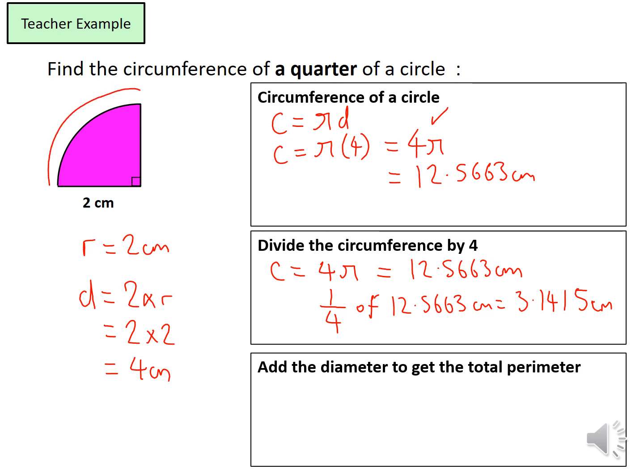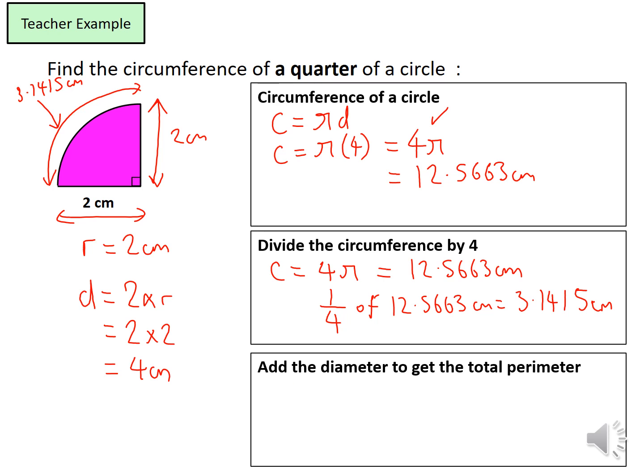Okay, now if the question said to you find the total perimeter, we must add the diameter to the circumference. Remember, this is the circumference that you just worked out, which is 3.1415 centimeters, and you want to work out the perimeter. The radius is already given to you as 2 centimeters, so this side must also be 2 centimeters.